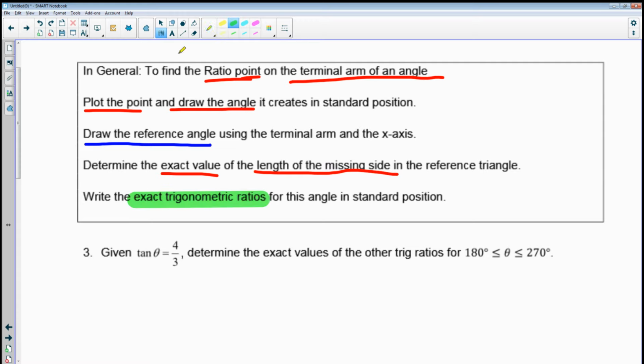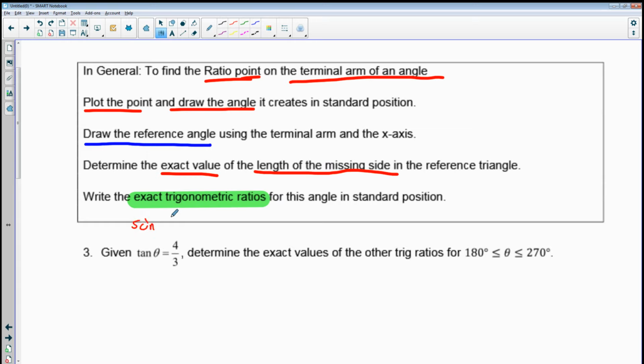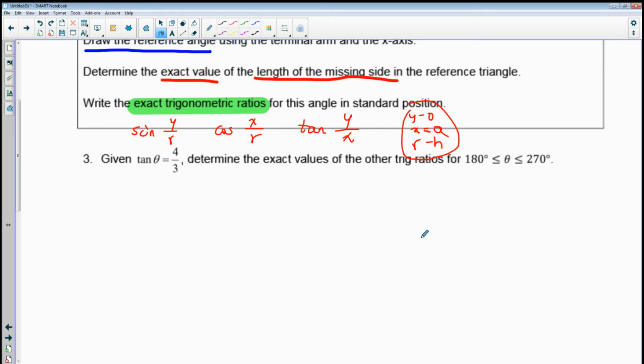Remember, using the new definition, sine is y over r, cos is x over r, and tan is y over x. Not SOHCAHTOA, the new one. But it came from SOHCAHTOA. Y is O, x is A, r is H. So if you remember SOHCAHTOA better, remember this as well. Might help you.